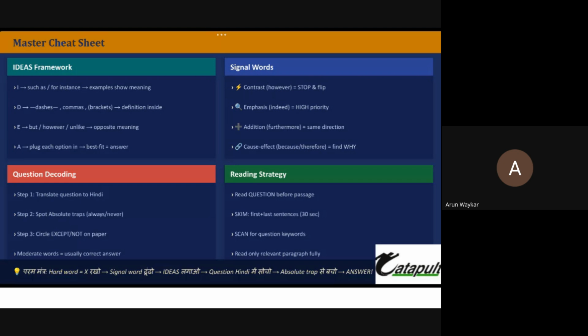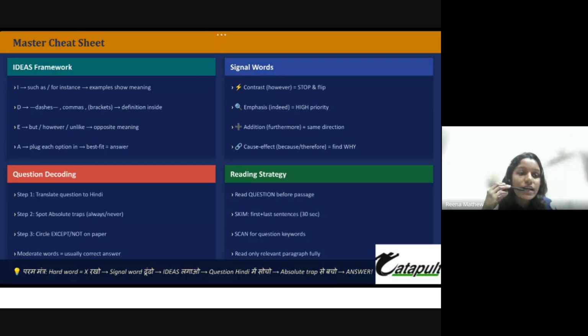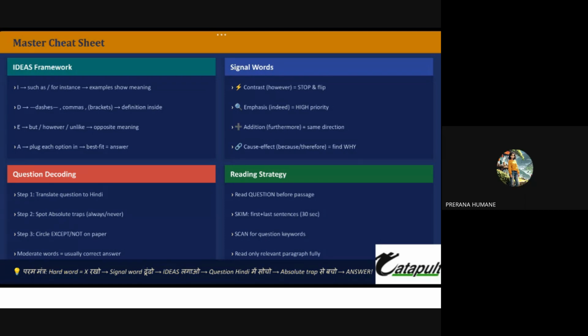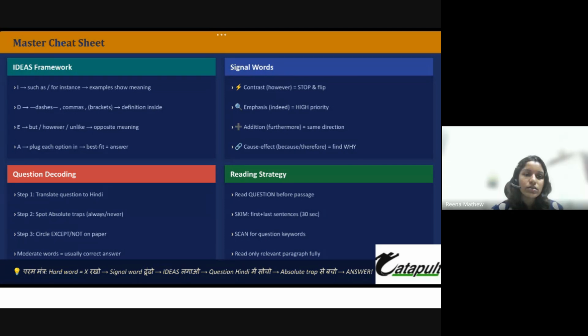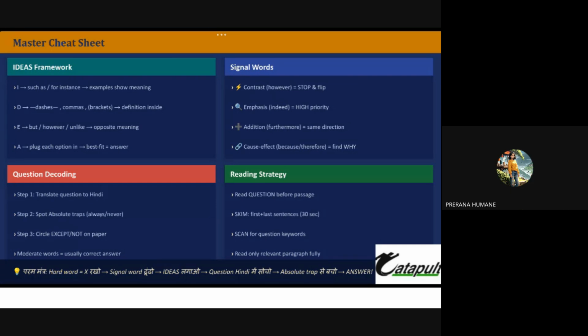Ma'am, if you can, could you translate this slide, what I just said? Okay. Translation. Okay. So, master sheet. Examples show meaning.